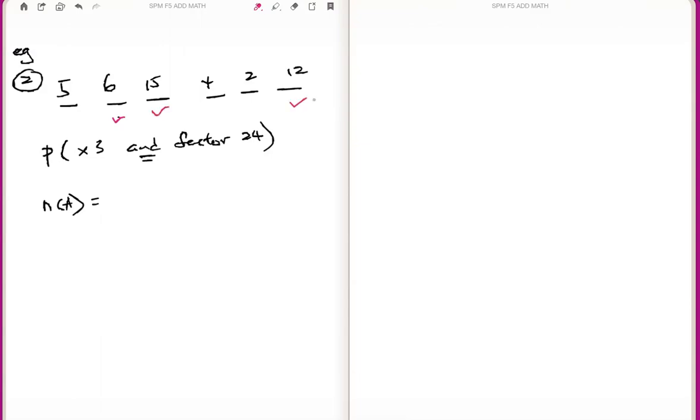Right? And the factors of 24, however, would be 6 and 12, isn't it?